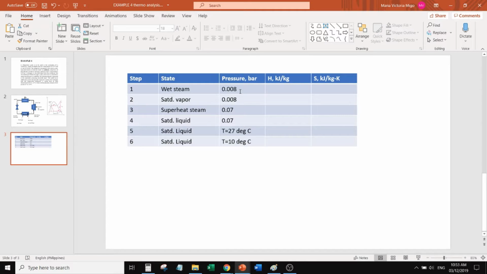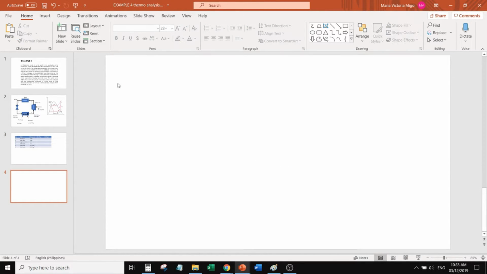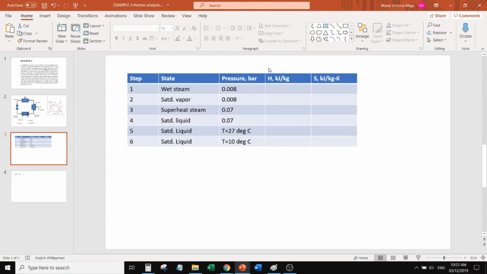Let's start with step 2. P2 is, let's now convert this into kilopascal. 1 bar is 1 times 10 to the 5 pascals.